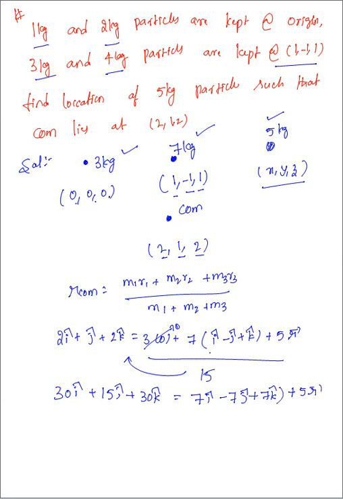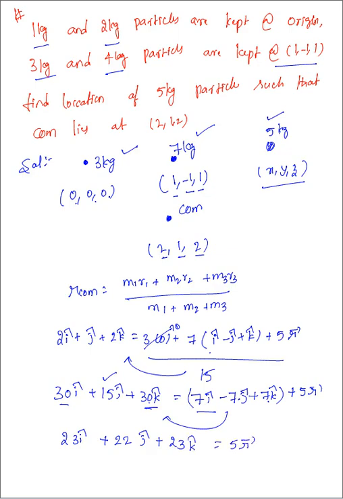Now shift the i cap, j cap, k cap terms to the LHS. 30 minus 7 is 23 i cap. For 15 j, the minus sign becomes plus, so 15 plus 7 is 22 j cap, plus 30 minus 7 is 23 k cap, equal to 5 r vector.